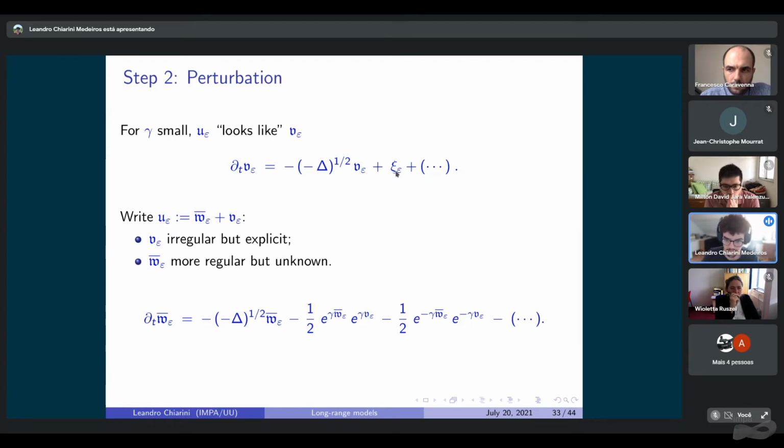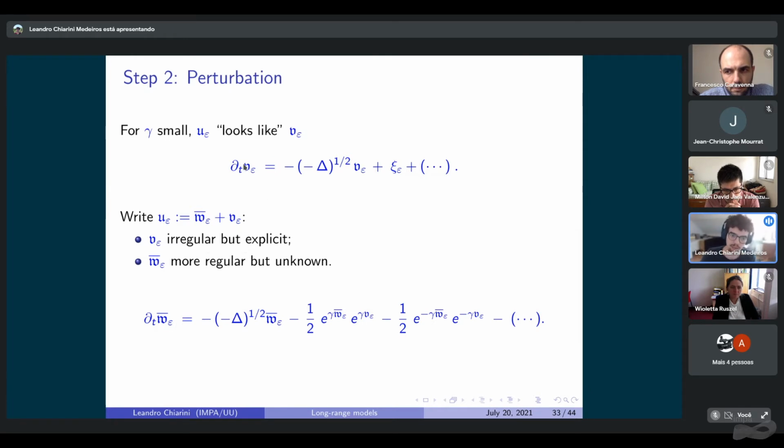Notice that because I put the convoluted noise, or the regularized noise, in the account of V, it cancels out when we look at the equation for W. So it turns out that none of the terms here are as irregular as this one. So we expect W epsilon to be more regular than V epsilon.